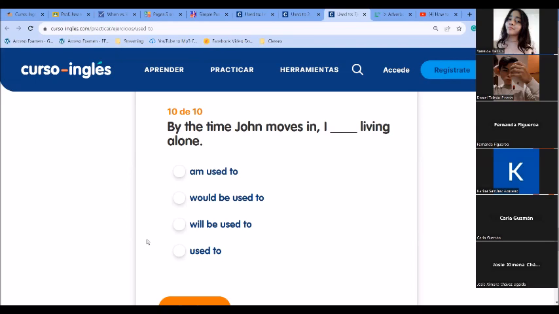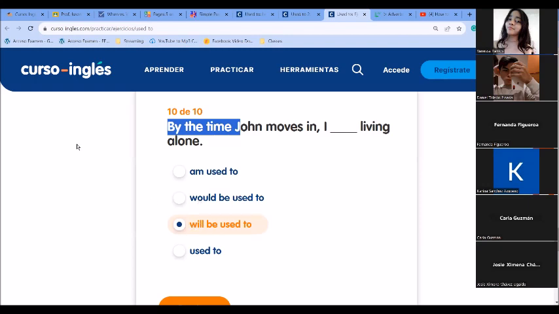By the time John moves in, I'm used to living alone. But it's the future by the time. As will, no, will. Would, past. Okay, will, yeah, future.